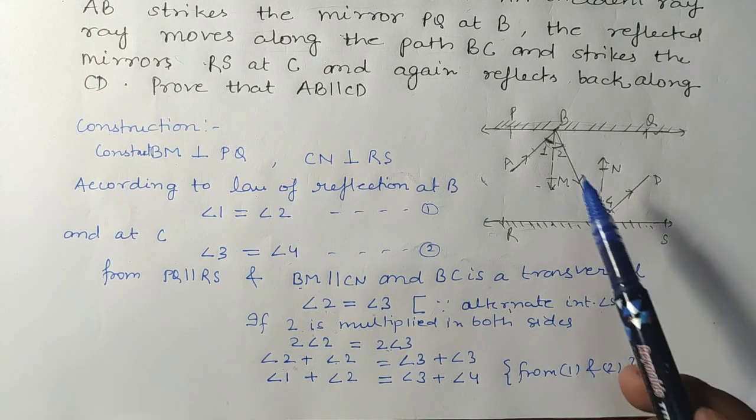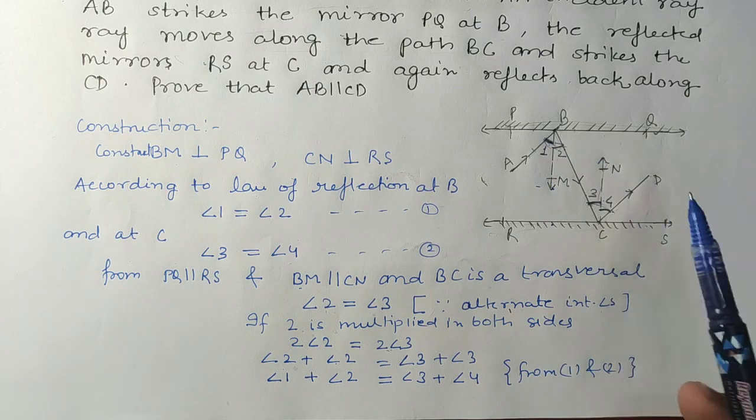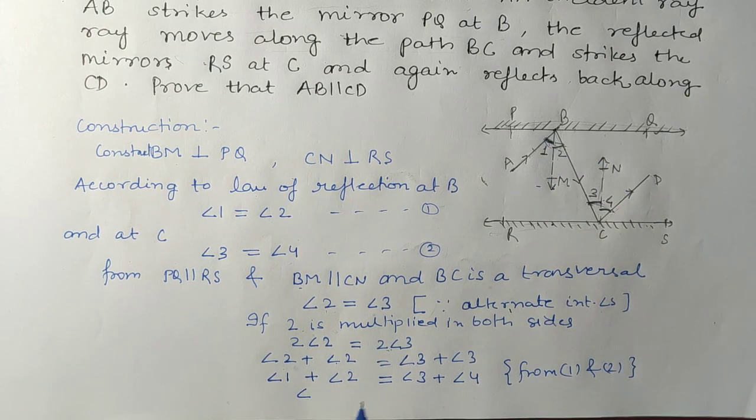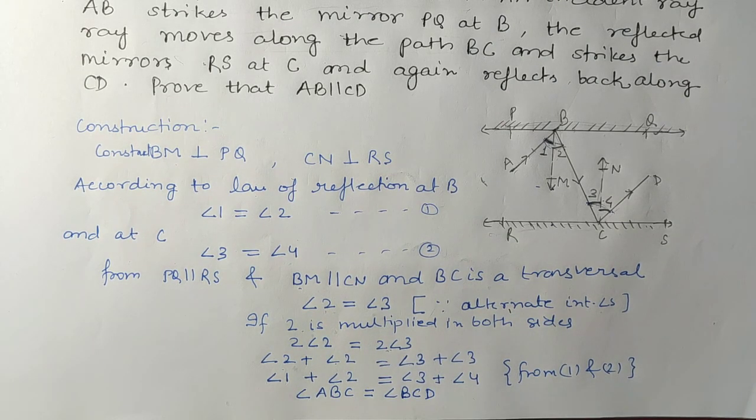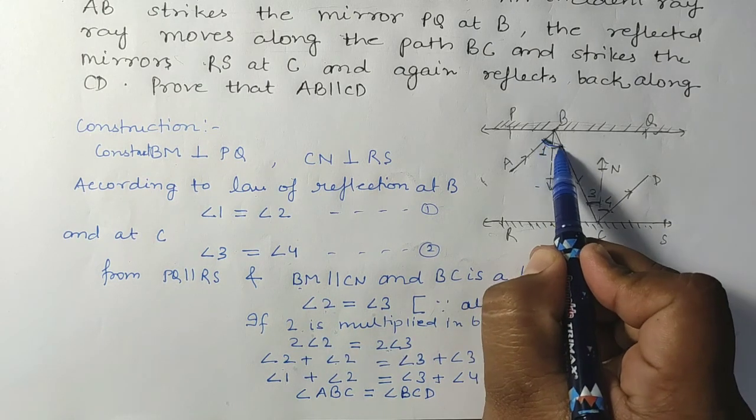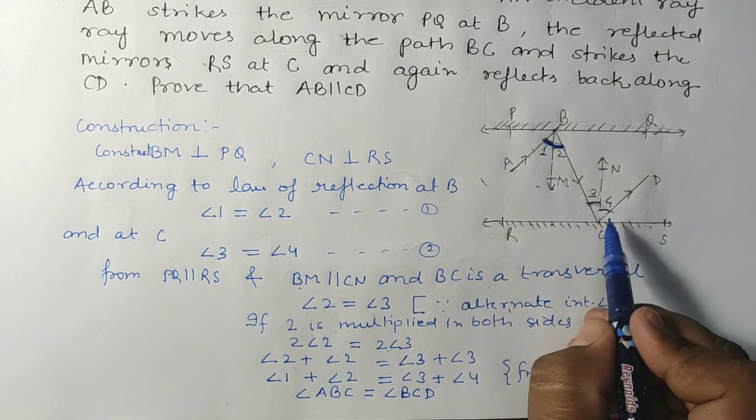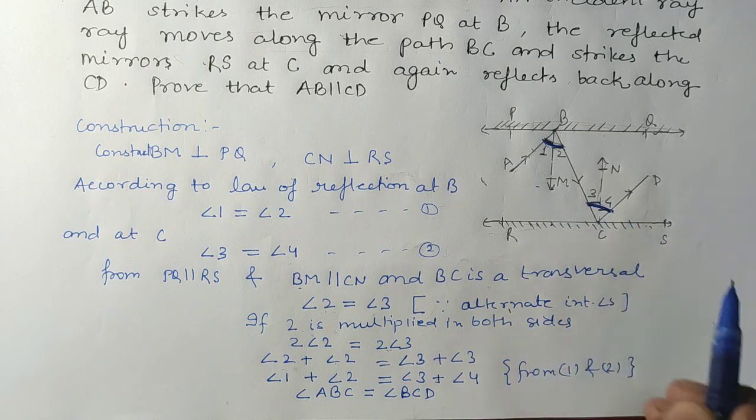Now see students, angle 1 plus angle 2 will give angle ABC, and angle 3 plus angle 4 will give angle BCD.